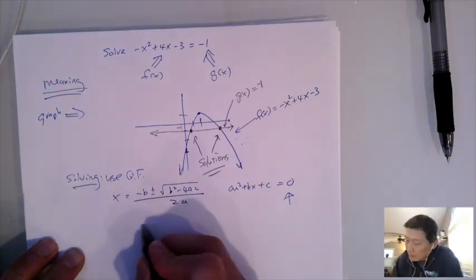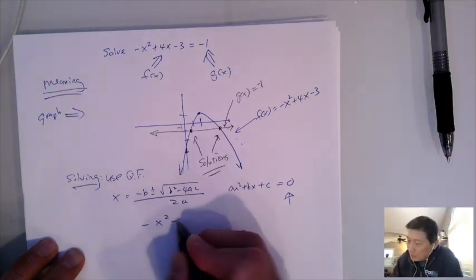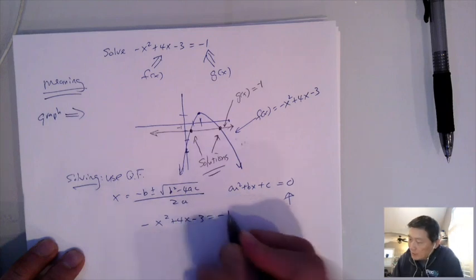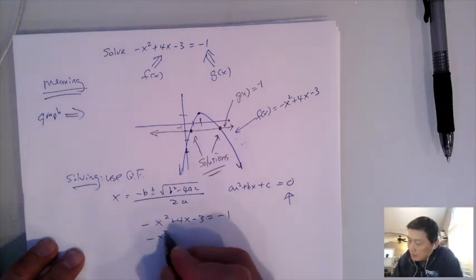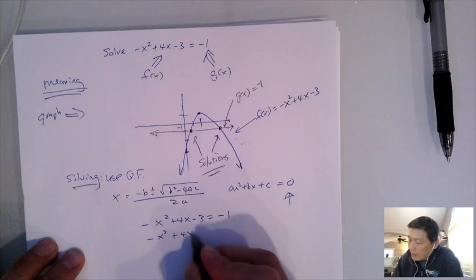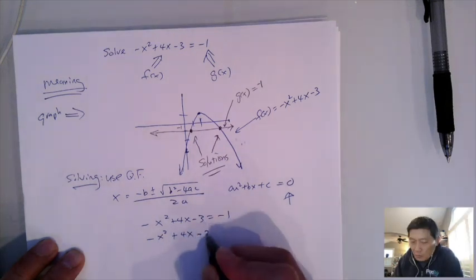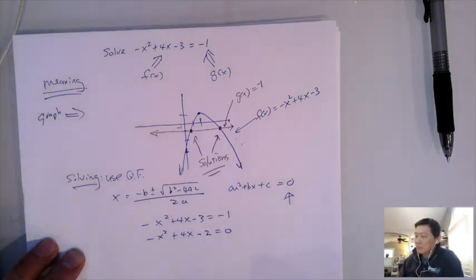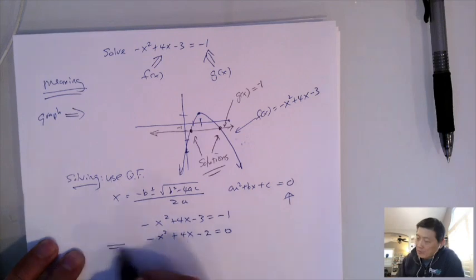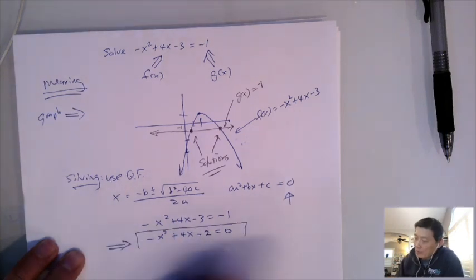So if we start out with negative x squared plus 4x minus 3 equal to negative 1, you have to make it into negative x squared plus 4x minus 2 equal to 0. You have to transform it into this; this is what you want to work with.